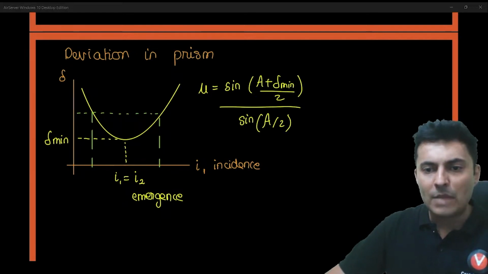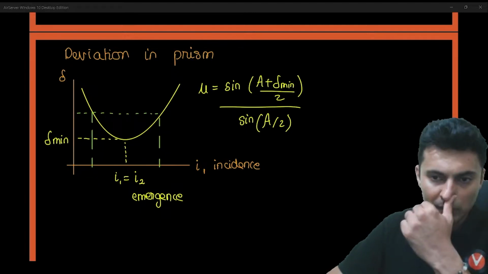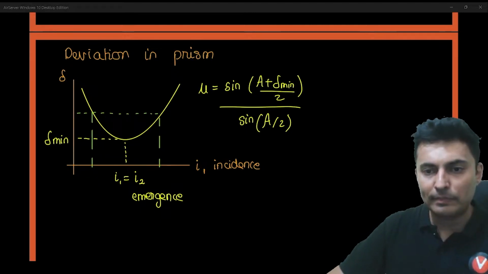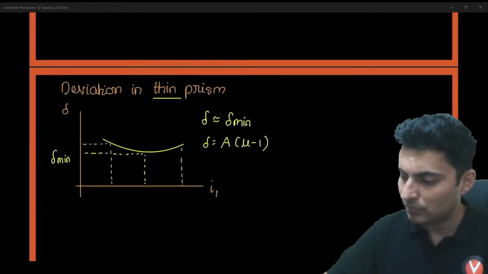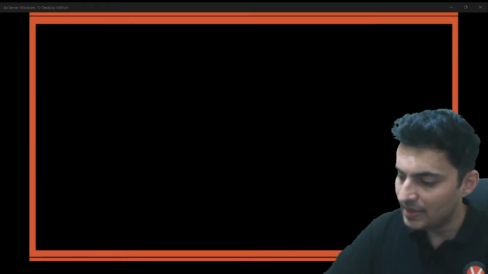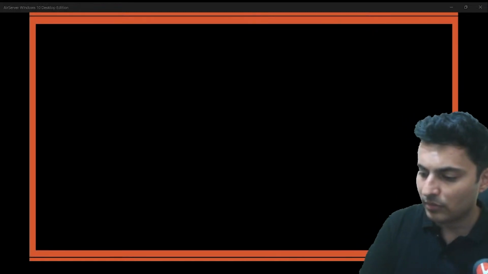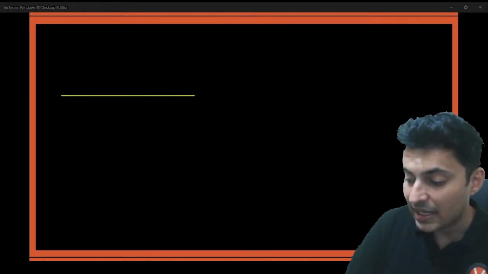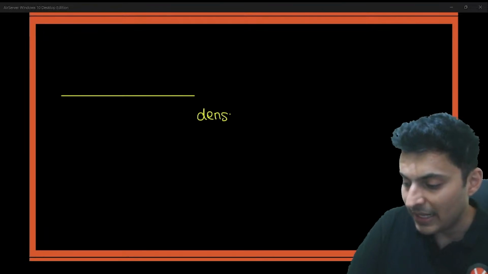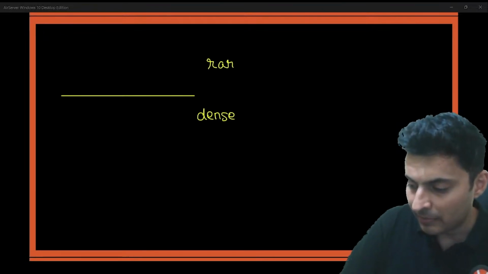Next thing, what you should know is this particular graph of variations for different angles of incidence from a dense medium to a rare medium.